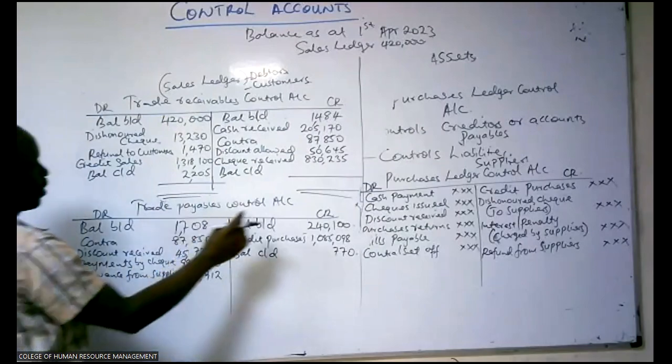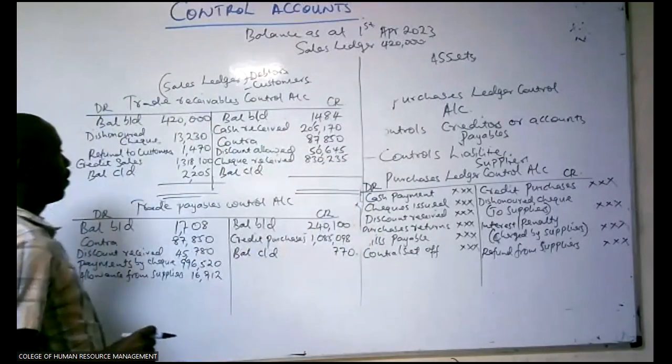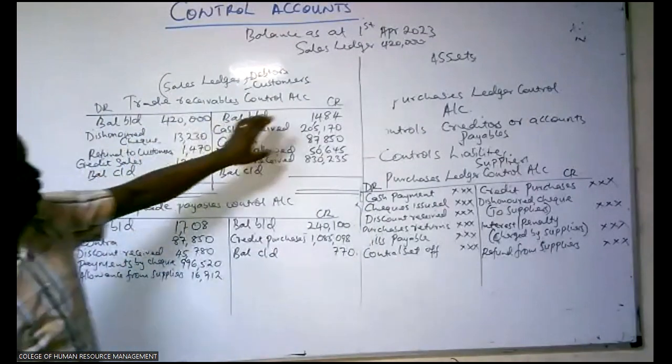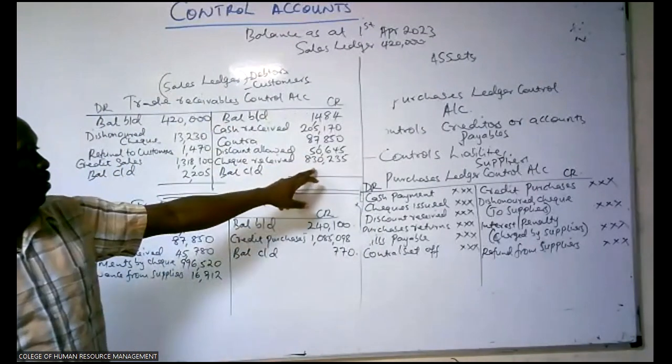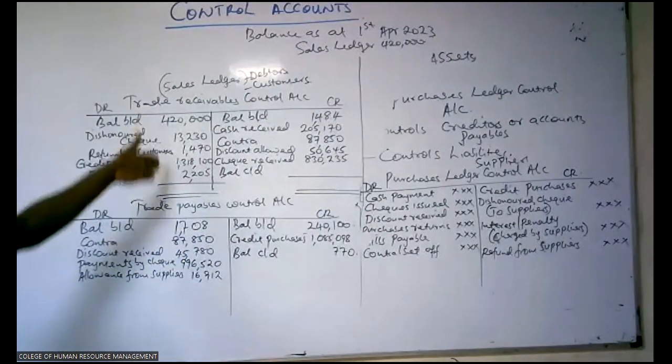Some add the debit, others add the credit. This one will be more than this, so you will have a balancing figure in the calculation here. Can somebody add all the debits?